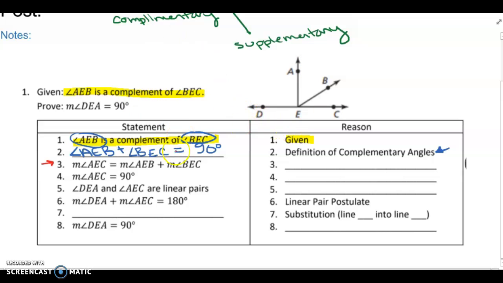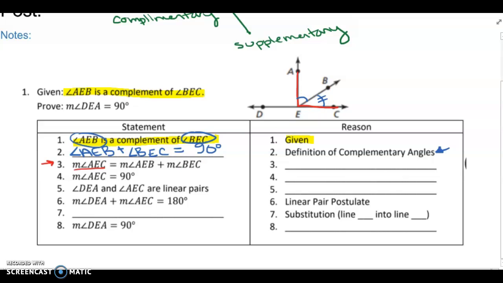So if we look at this diagram, it says measure of angle AEC. This angle here, measure of angle AEC. So that angle is equal to AEB, so equal to this, plus angle BEC, which is this.